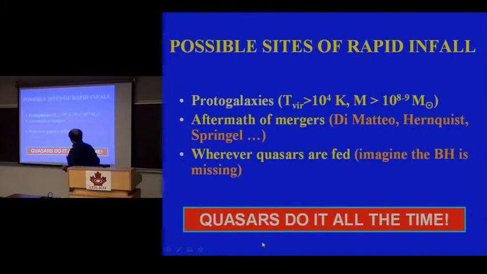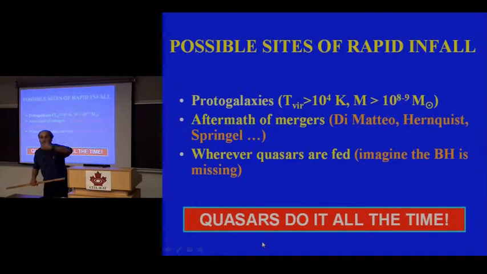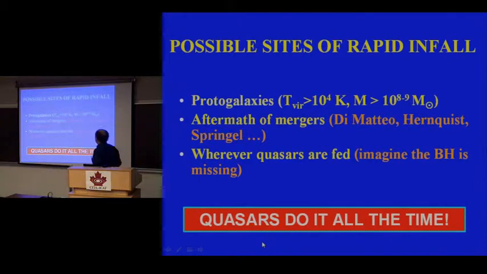And so, in principle, you could have these objects forming pretty commonly at that epoch. Well after the Pop III star formation era, but with forming black holes that start off large enough so that their masses could quickly overtake any black holes that are growing from the mergers of Pop III and accretion onto Pop III stars. You see infall rates of this kind of magnitude in simulations of mergers of halos that are much more massive than this.